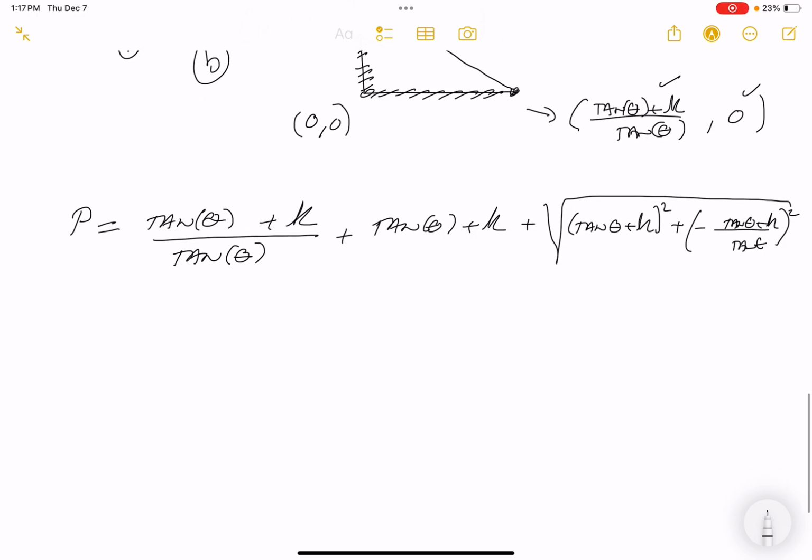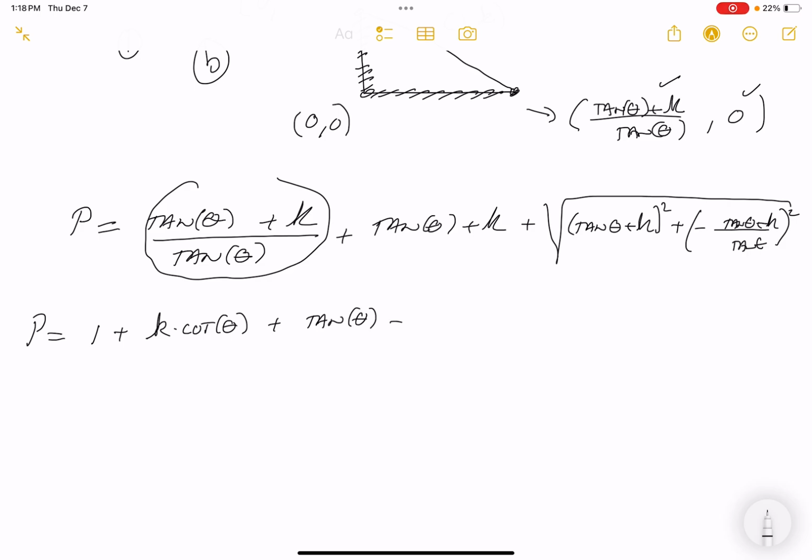And the work is going to be work, actually. So the first term is this guy over here. I'm seeing this as 1 plus k over the tangent. I'm going to write it as a cotangent now. Next up, I have tangent theta plus k.